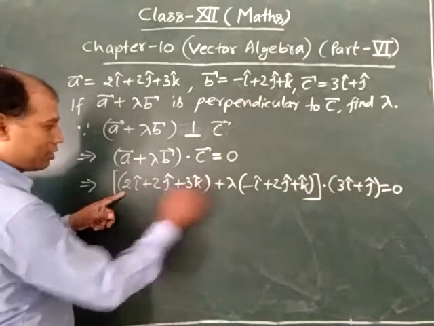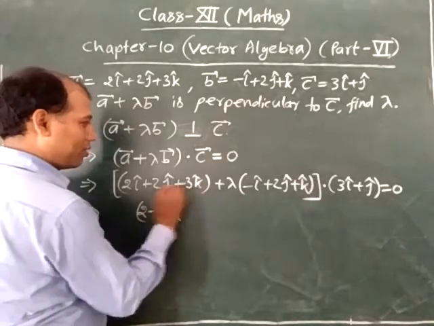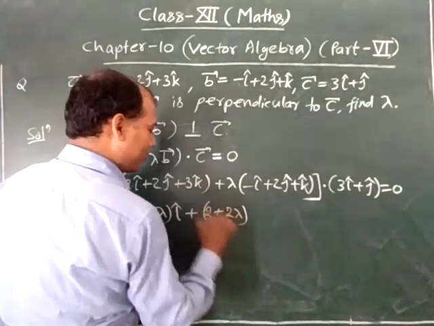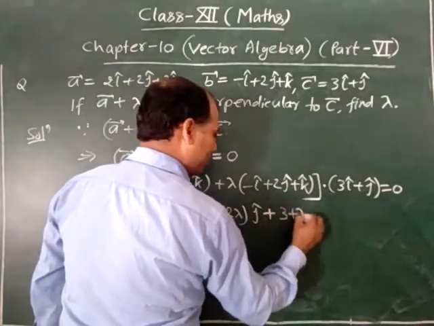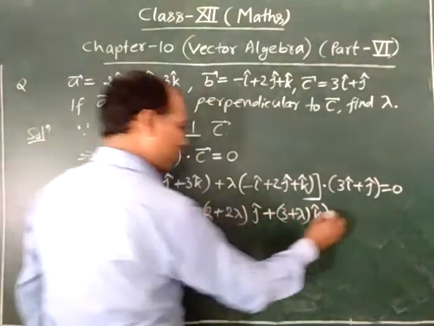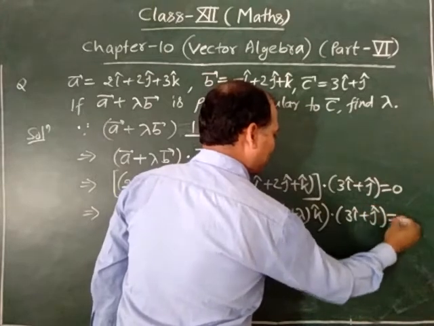Now this can be written as (2 minus lambda)i plus (2 plus 2 lambda)j plus (3 plus lambda)k dot (3i plus j) is equal to 0.